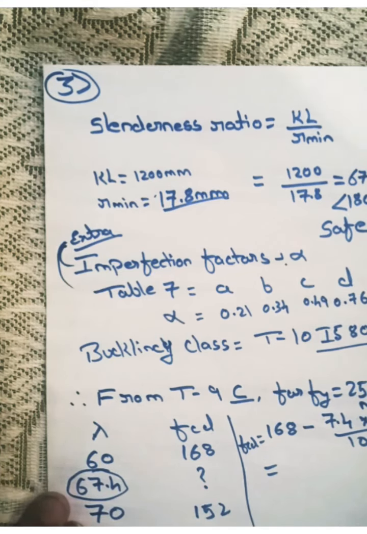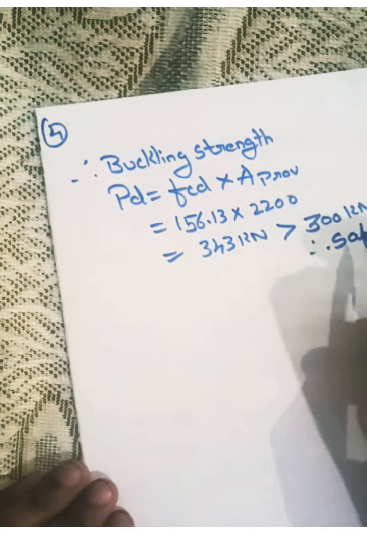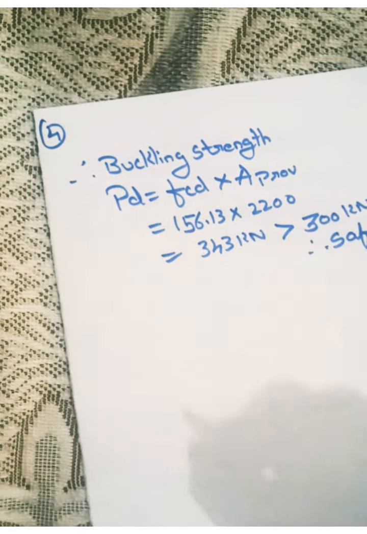So our FCD is 156.13 into area provided, that is 2200, which comes around 343 kilonewton, which is greater than the factored load, that is 300 kilonewton. Therefore it is safe. If it is less than 300 kilonewton, again you have to select a higher section and design again.